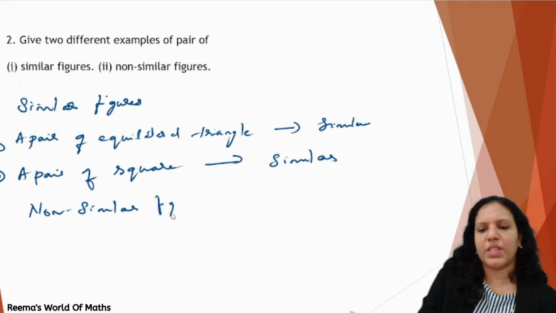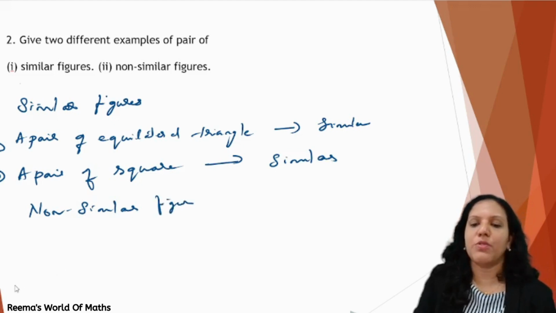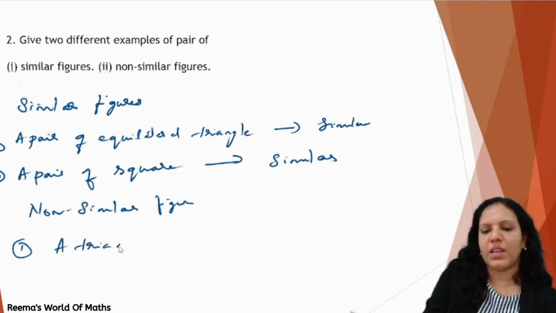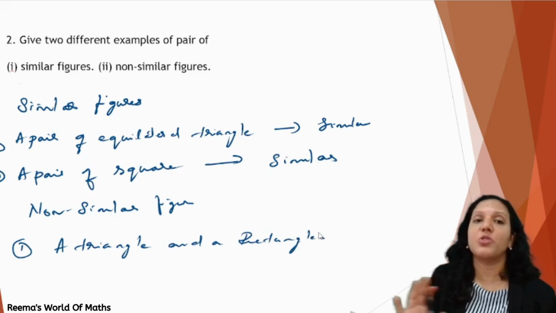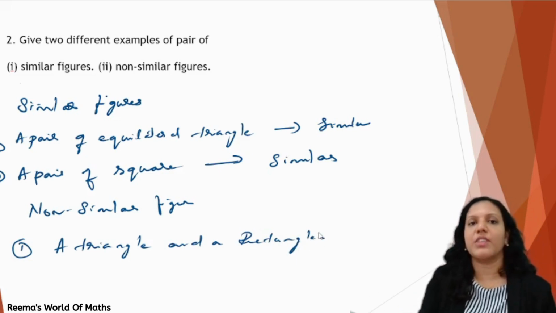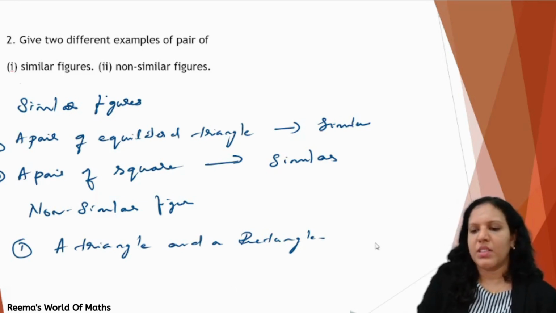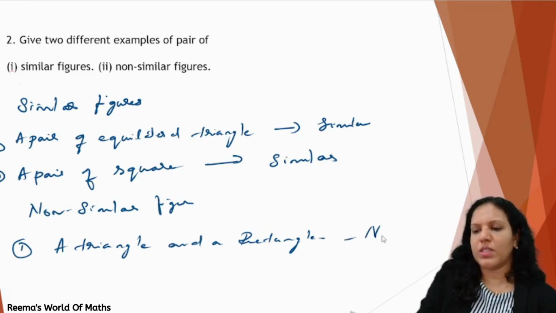Now let's see the non-similar figures. We need to give a pair of non-similar figures. So the first one can be a triangle and a rectangle. A triangle and a rectangle are two different shapes, so they will always be non-similar.